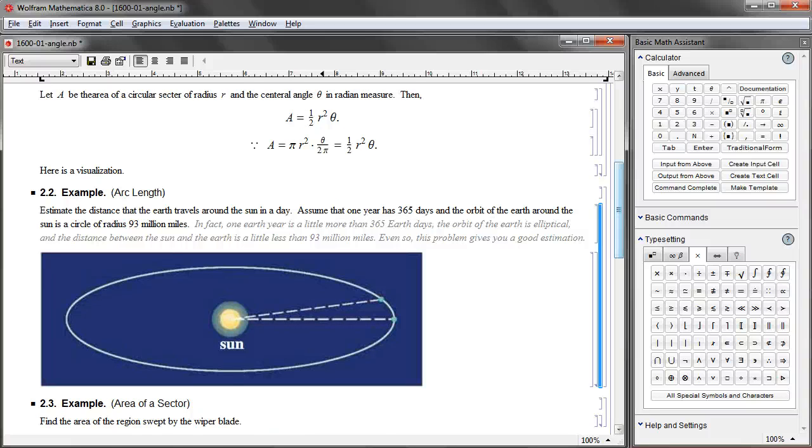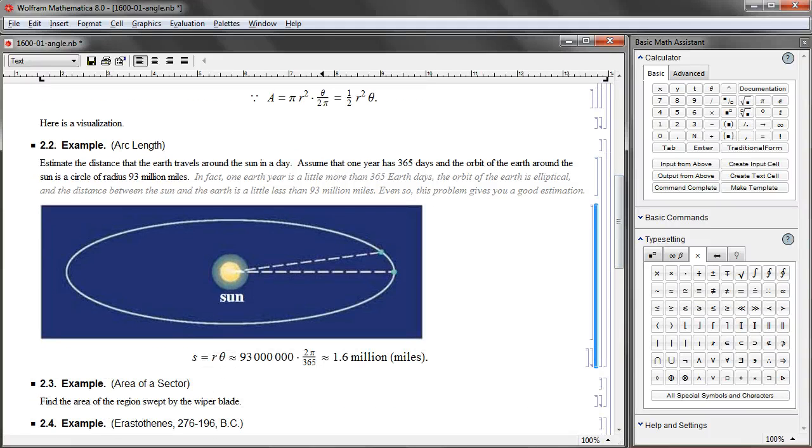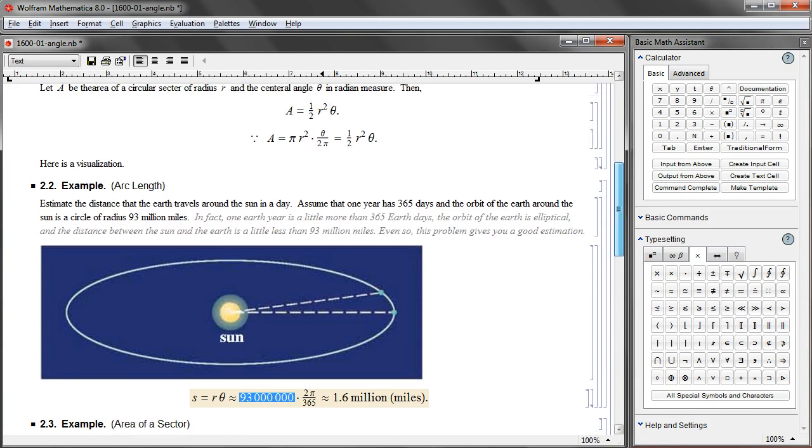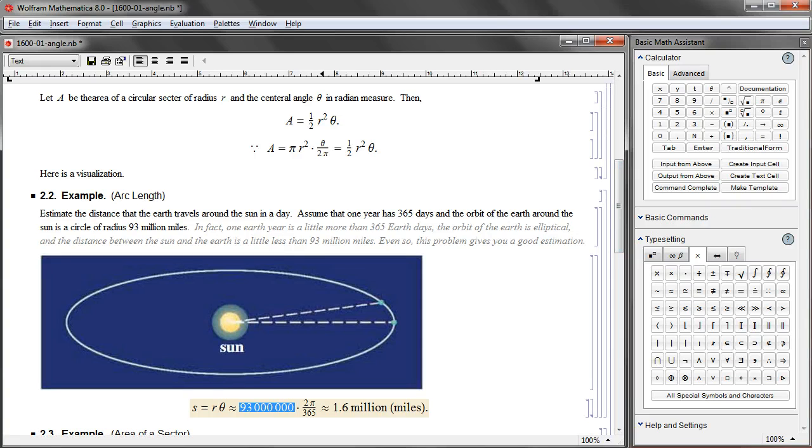In any case, as an approximation, we can use S equals r theta, which is the formula we'll have to use. The r is 93 million miles as given, and theta is something you have to think about. It takes 365 days to cover the entire rotation, so 2 pi rotation. So in each day, it will be 2 pi over 365. That is the angle.